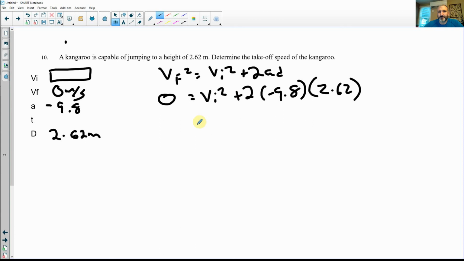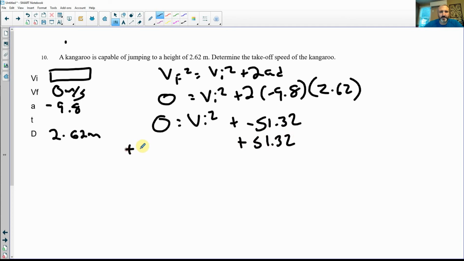And this actually gets pretty simple. That's going to be negative 51.32, but we're going to add 51.32 to both sides. We'll end up with 51.32 equals VI squared, because those will cancel.